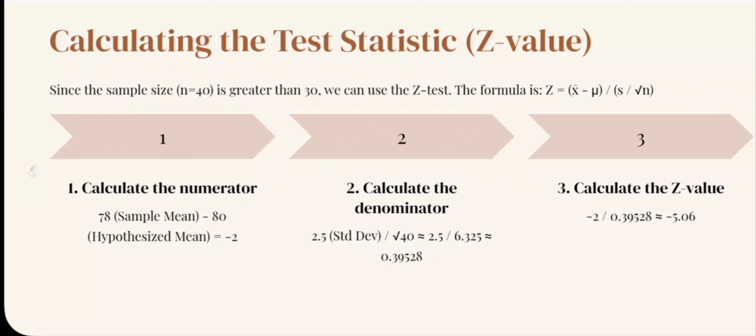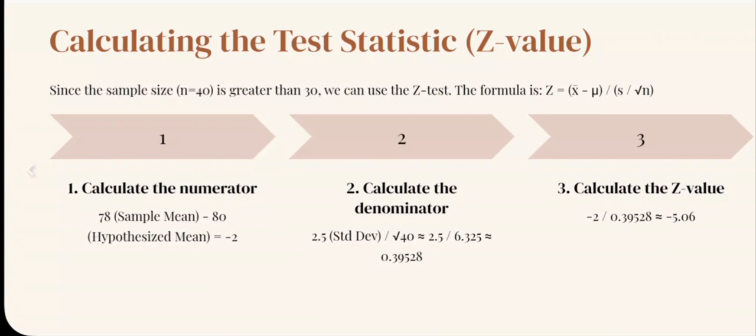The sample standard deviation is 2.5, and the sample size is 40. If the sample size was less than 30, we may have to use the student's t-distribution. But since it's greater than 30, we can use the normal distribution and get the z-score, since n is large enough.